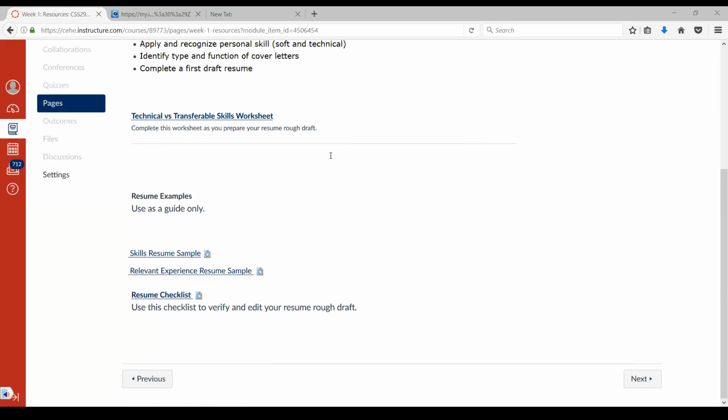Transferable skills are the things that are really more about how we work, and things like learning about customer service. If you've worked as a successful wait staff in a restaurant, you've learned about customer skills.